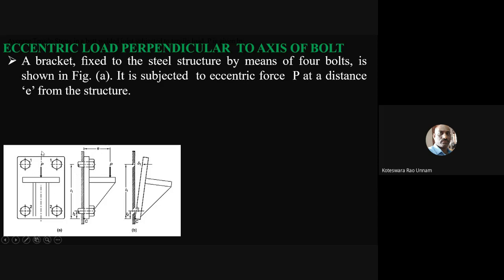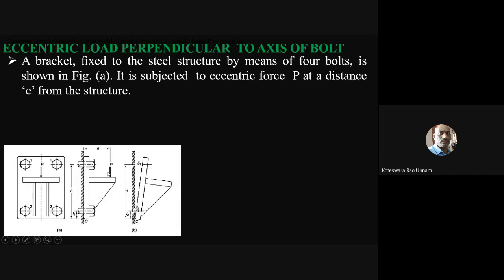If this is the front view and this is the side view, in the front view you can see the load acting like this. This side you have 2 bolts and this side you have 2 bolts. We denote these 2 bolts as 1, 1 and these 2 bolts as 2, 2.